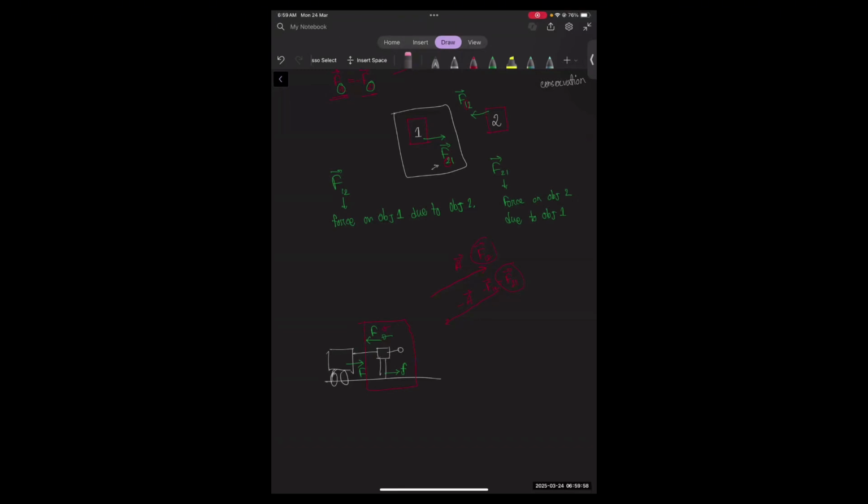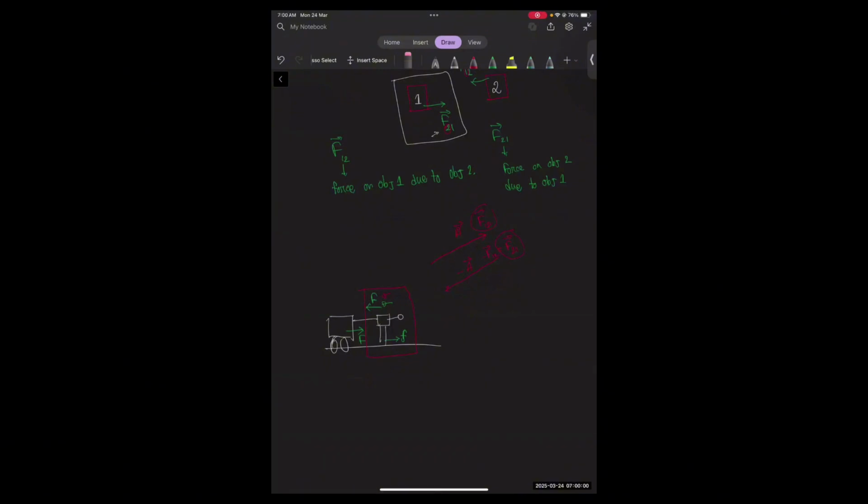Okay, we will see another similar example, but in this case, a friction force acts on the horse's feet that will push it forward, and the car will pull it behind. As long as the forward friction is larger than F, the horse can move.